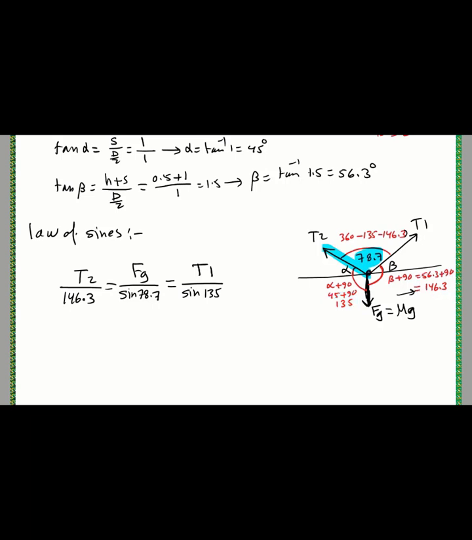Okay. Now we can follow two paths, this path or this one. Following the first one, Fg over sine 78.7 equals T1 over sine 135.